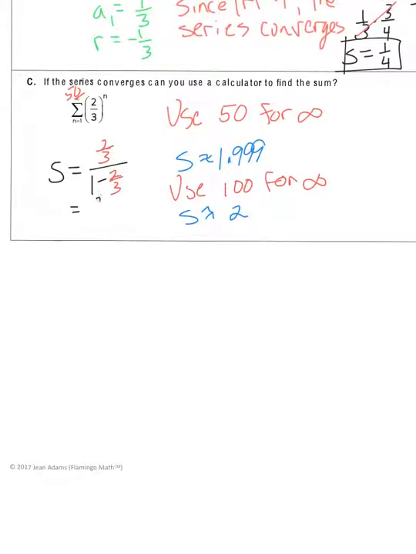And so you end up with 2/3 divided by 1/3, which equals 2/3 times 3/1, which these cancel, and you get 2.